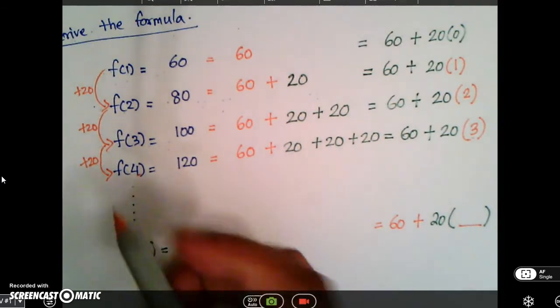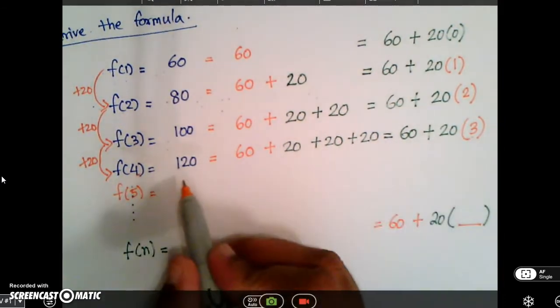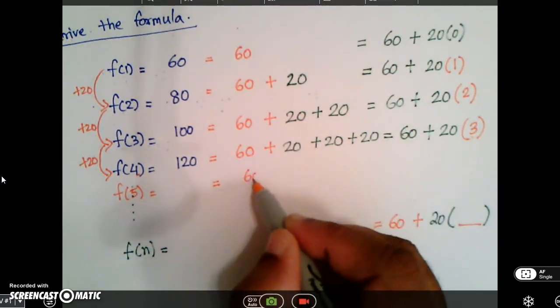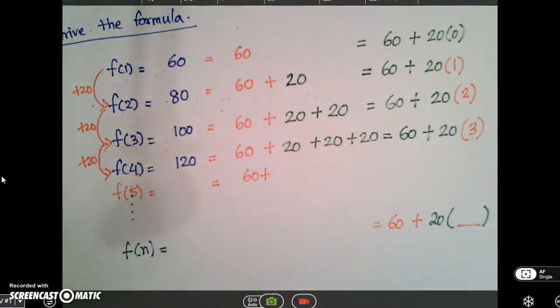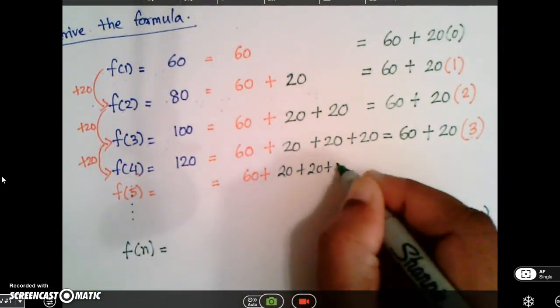So for f of 5, if you have to say what number it will be, I'll take that 60 and I'll add the 20 how many times? I would add it 4 times.